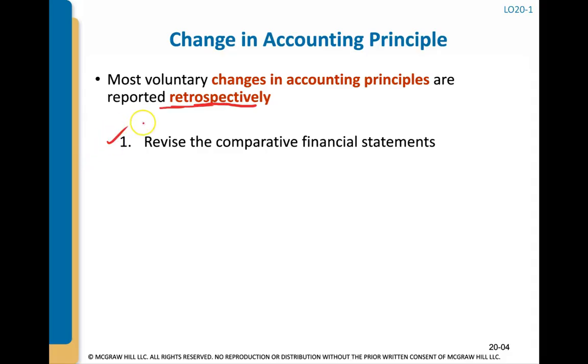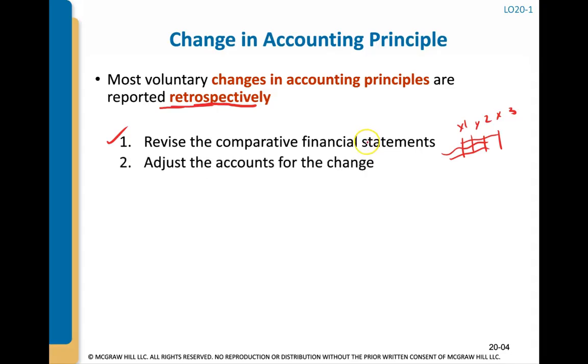Number one is you have to revise the comparative financial statements. If you recall, financial statements typically show 2 to 3 years. So if there's X1, X2, X3, and there's all these accounts, you have to change all 3 years on the financial statements as if you have been using the new accounting principle all along.